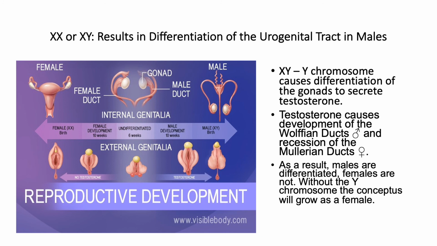So if a conceptus inherits the gene for hemophilia, which would be a non-functional clotting gene, it's going to be on the X chromosome, but they're going to get another X chromosome from their other parent, and that's going to cover it because it's a recessive trait. That's called an X-linked recessive trait.